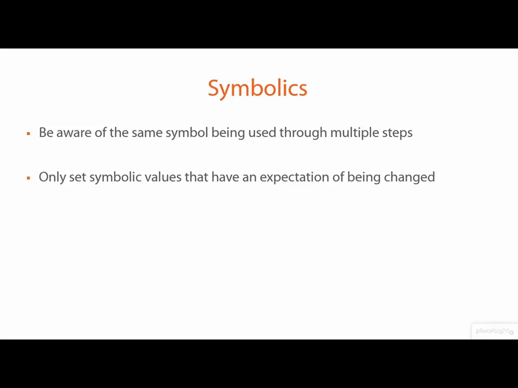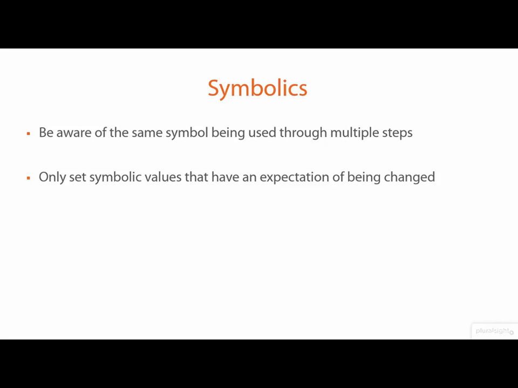So we want to make sure that we have good values that have a reasonable expectation of needing to be changed, rather than simply coding a whole bunch of symbols on the off chance that they might need to be changed. After all, if they need to be changed, we can always use an override JCL statement for those exceptional situations that occur.